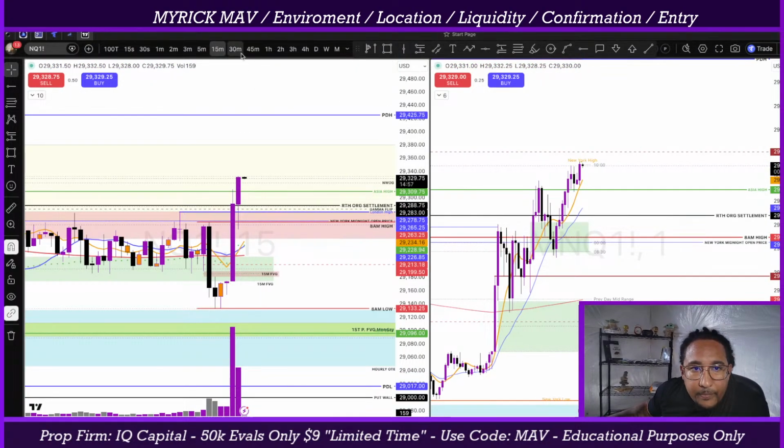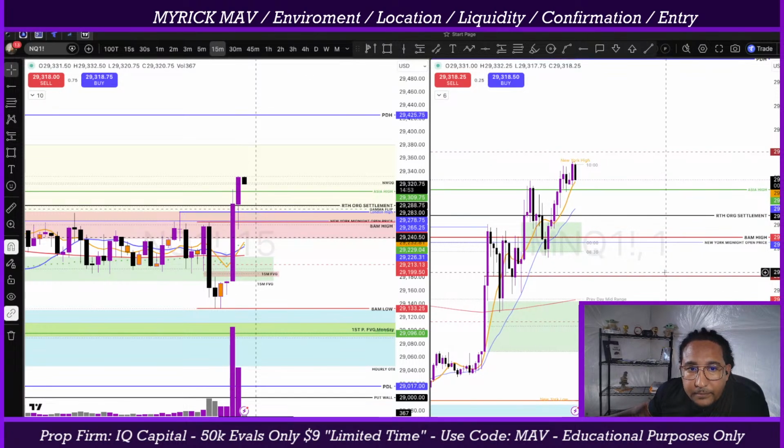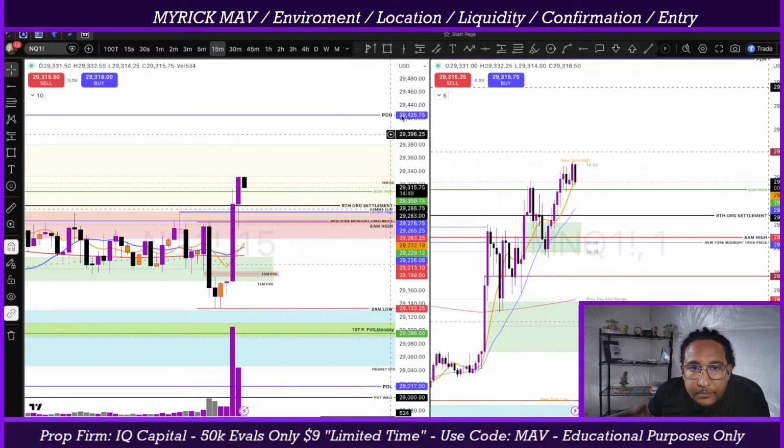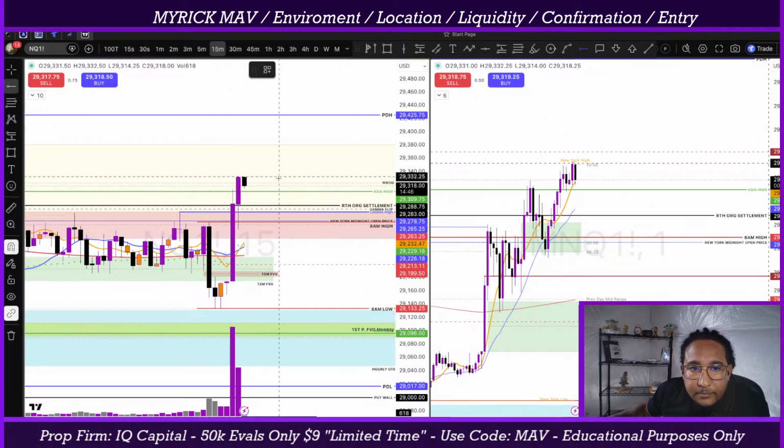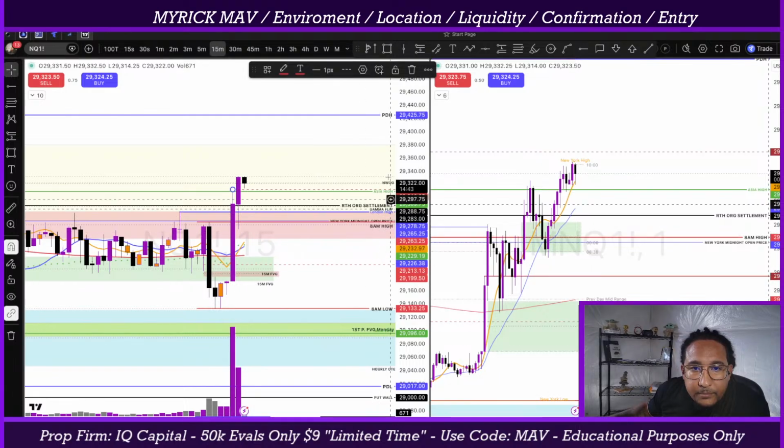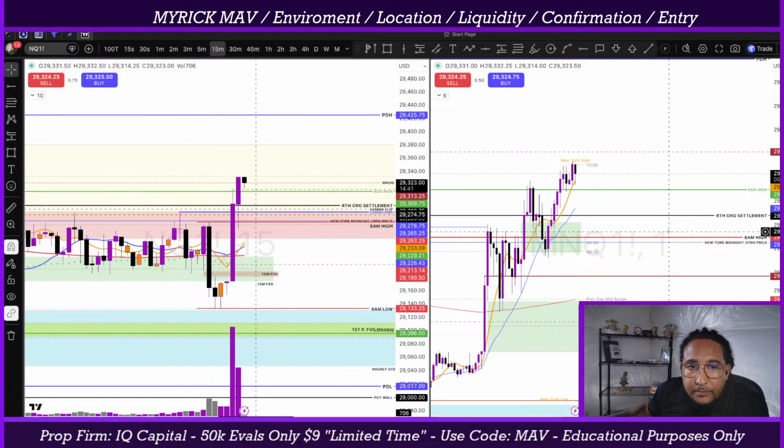Here's that new hourly candle. I see a small pop to the downside.